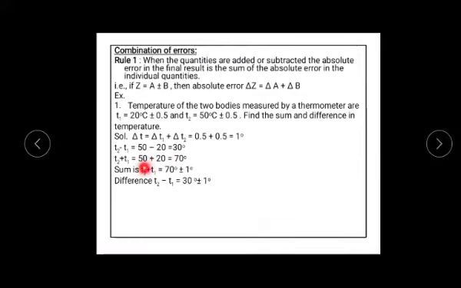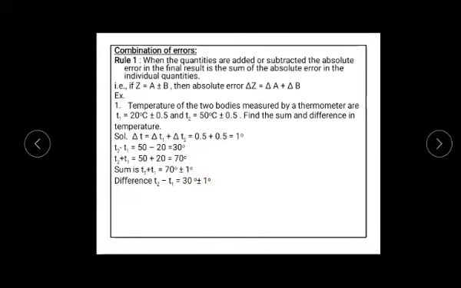Even though it is a difference, the absolute error is added. Even though you have taken the difference of the numbers, the error will always be added. Here there is no problem because it is a sum, but there is a little confusion in the difference. That's why make it clear whether you are adding the terms or taking the difference of two terms, the error will always be added. Plus or minus 1 degree only you are writing.